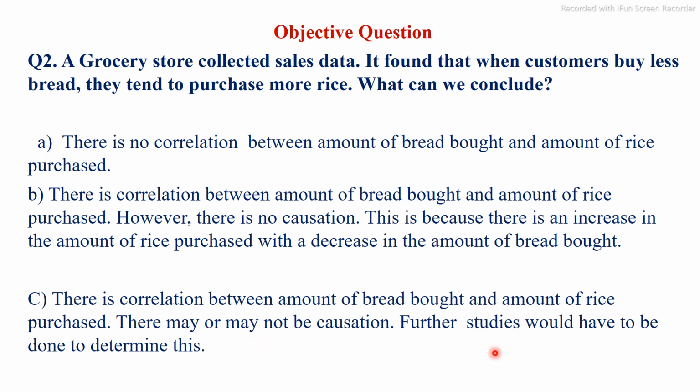For that you require some kind of intervention study, to come to the conclusion that the amount of bread purchased is causing rice to be purchased. To come to that conclusion you require further studies. So whenever you see any kind of correlation, never jump to say that it's causation also.